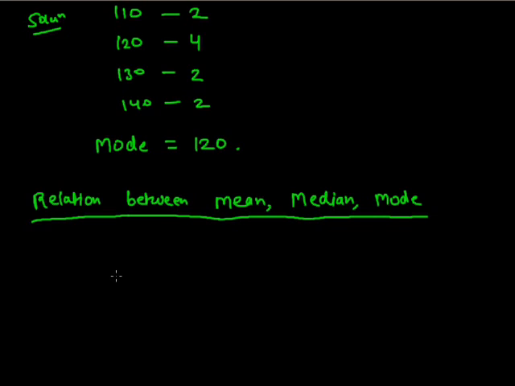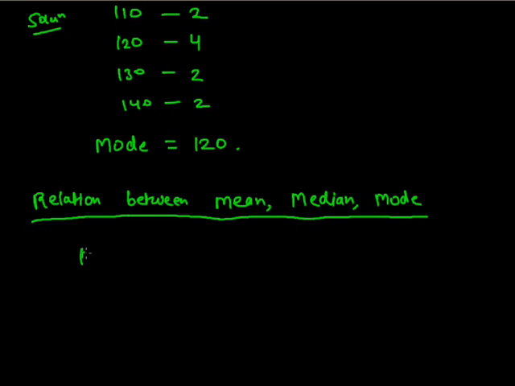But as we have already discussed, sometimes it is beneficial to find the median or mode instead of the mean. Most importantly, in some questions the mean and median are given and you need to find the mode, or the median and mode are given and we need to find the mean. In this case, we use the relationship between mean, median and mode to find any one of these if the other two are given.